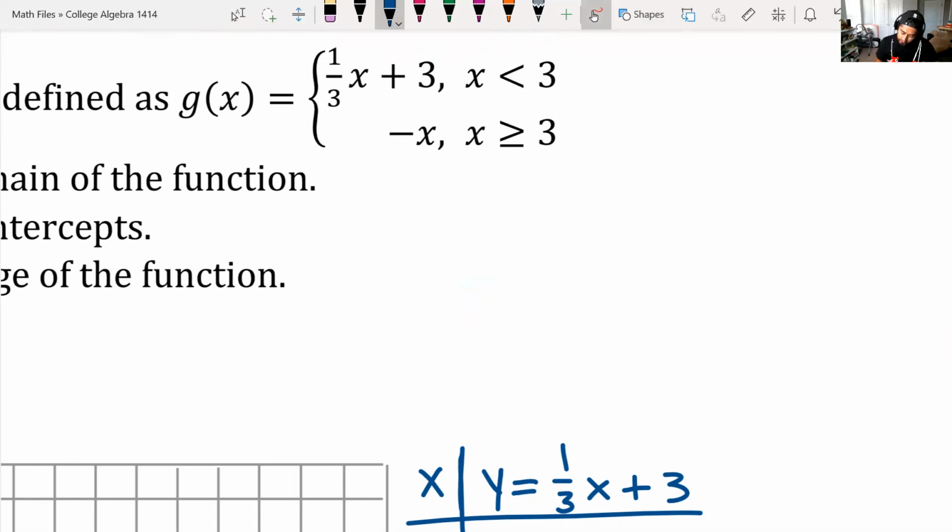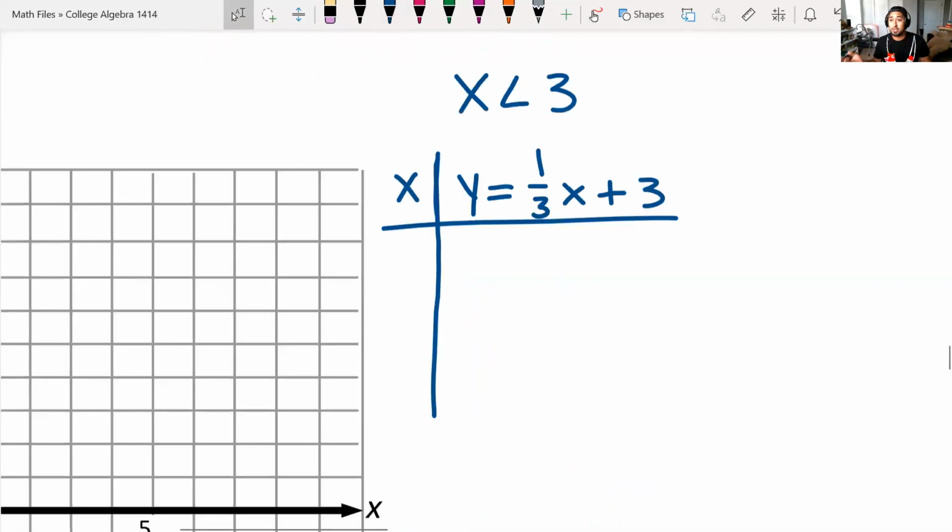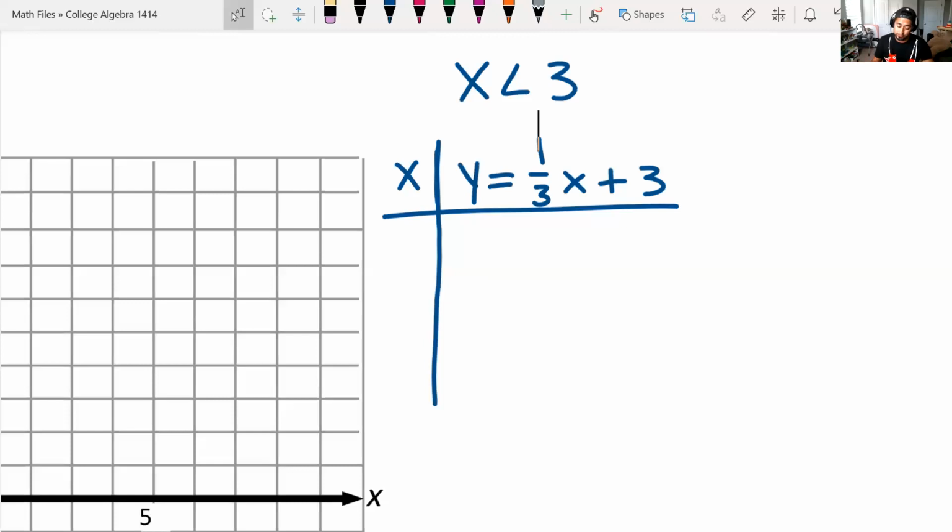And right above it, I'll put the restriction, just so we remember what numbers we can pick. So x less than 3. Okay, because again, this restriction tells us what numbers we can use. And we have to choose numbers less than 3. So this means I'm going to start at 3.